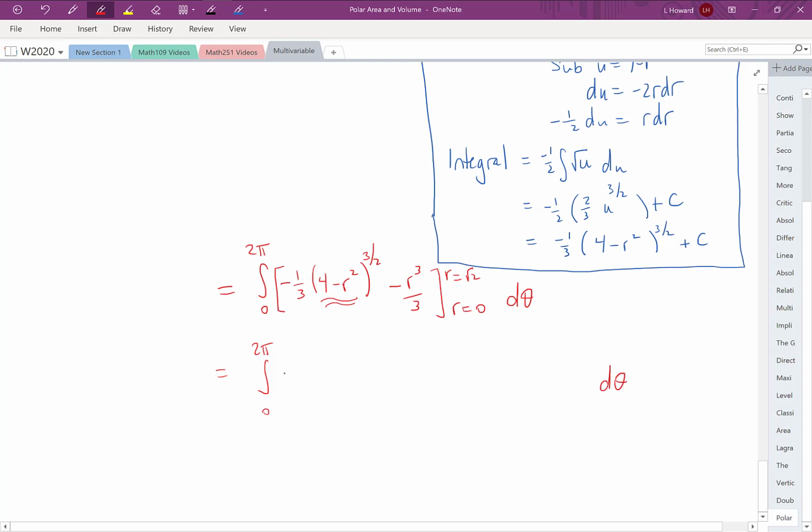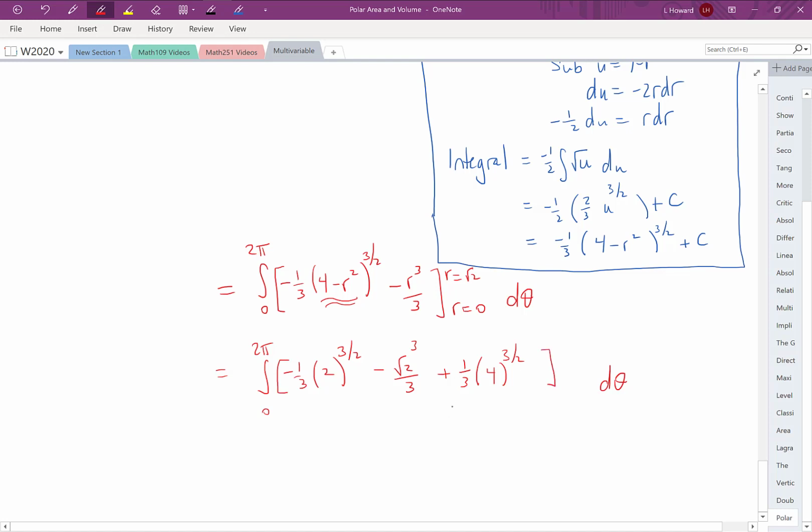So in other words, we've got minus 1/3 times 2 to the 3/2 minus root 2 cubed over 3. And then we still need to subtract off the value at 0. We're subtracting off a negative term, so that's going to be a positive 1/3 times 4 to the 3/2, and then the second term that we're subtracting off is 0, so I'm not going to worry about writing that down.